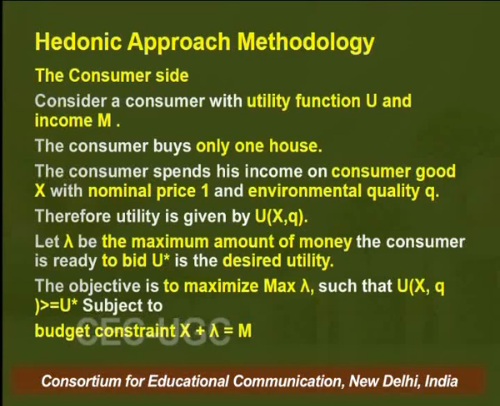Here the budget constraint will be X plus lambda equal to M. X is the quantity you purchase of the house, and the price of the house is considered as 1. Lambda is the bid price, and that is equated to the money income.